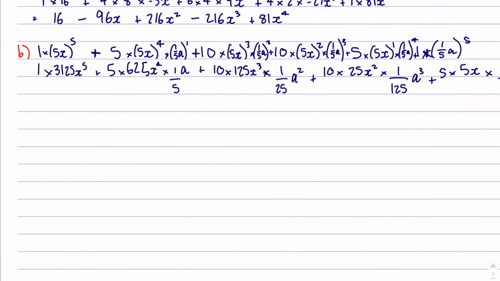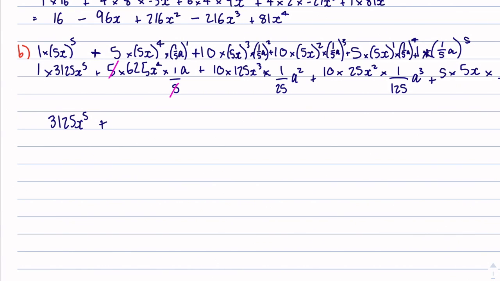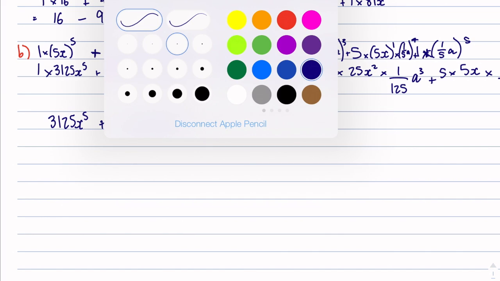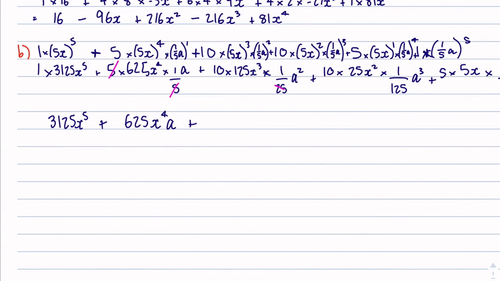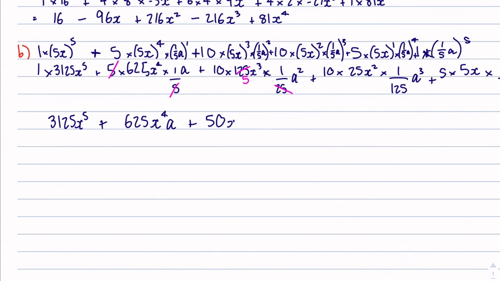The first one obviously won't because it's 1 times 3125x to the 5, plus 5 and 5, I get 625x to the 4a, plus, oh no, I should have left that pink. 125 and 25, well that goes into that 5 times. So that's 10 times 5, which is 50, x cubed a squared, plus 25 and this one's 5, and then this 5 and this 10 gives me 2.